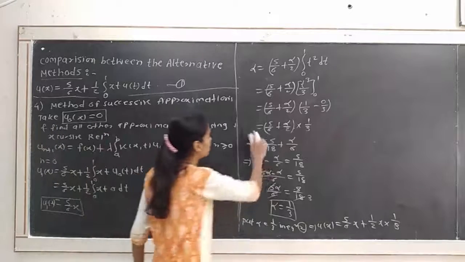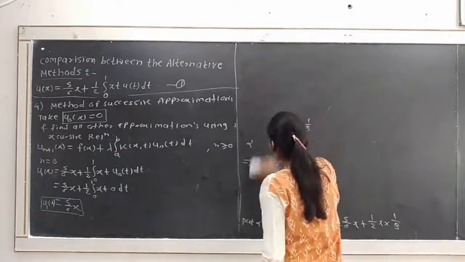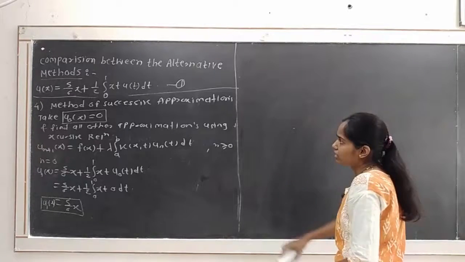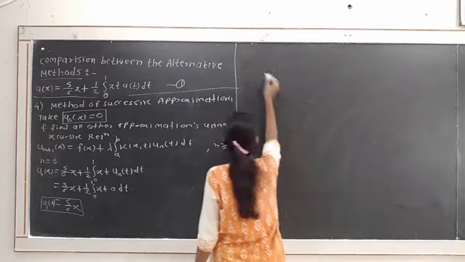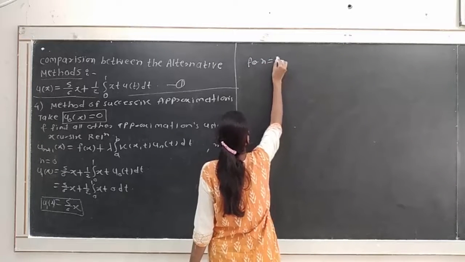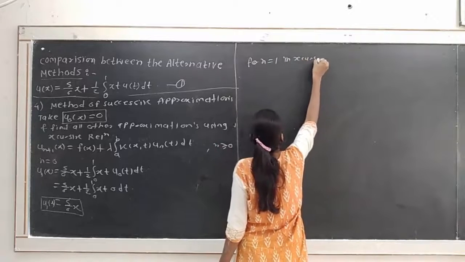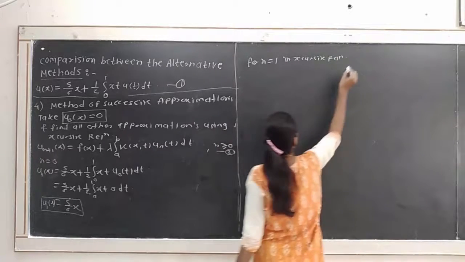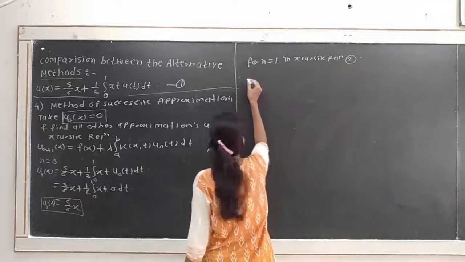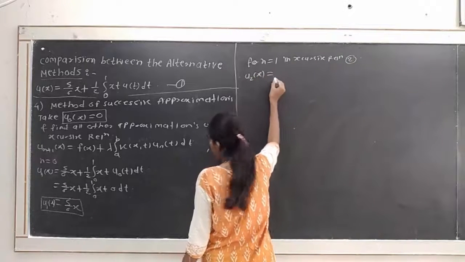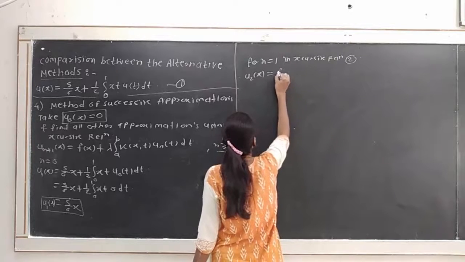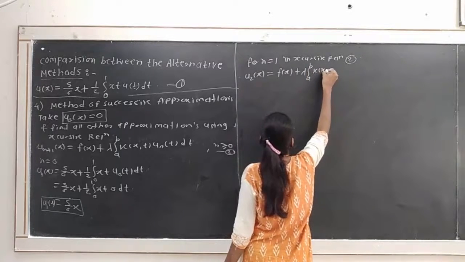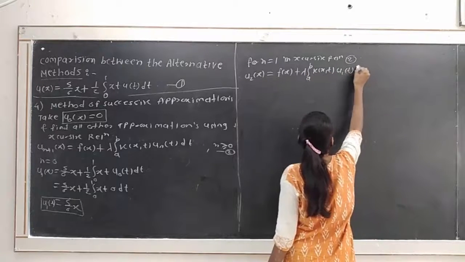Then we find the next approximation, u2 of x, by putting n equal to 1 in the recursive relation. So u2 of x is equal to f of x plus lambda integration from a to b of k of xt into u1 of t dt.